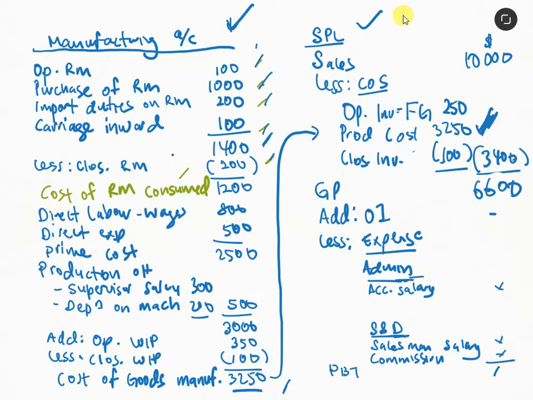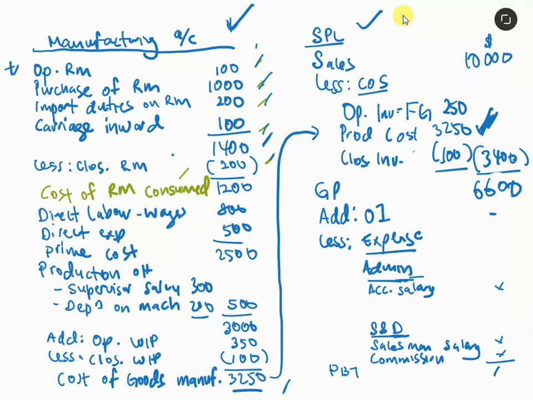Before I continue, over here, how many types of inventory are there in this example? For a manufacturing company, we have three types: raw material, WIP, finished goods. Do I have opening raw mat here? Yes.